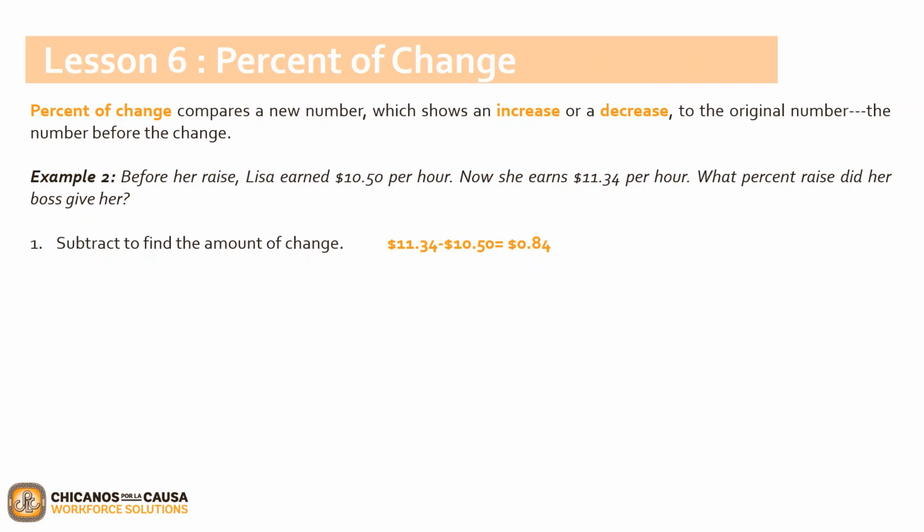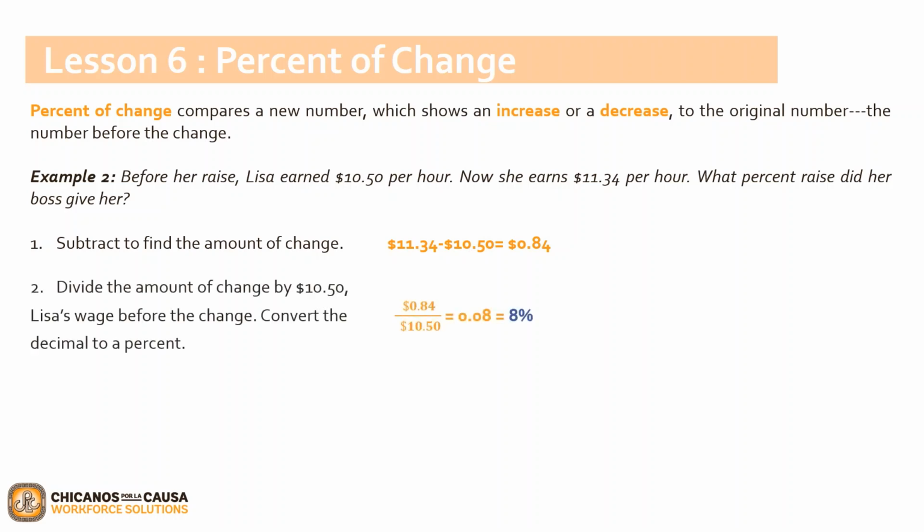Second, we need to divide the amount changed by $10.50, Lisa's wage before the change, and then convert the decimal to percent. So we have 84 cents over $10.50, which equals 0.08, which gives us our answer that Lisa's hourly wage increased by 8%.